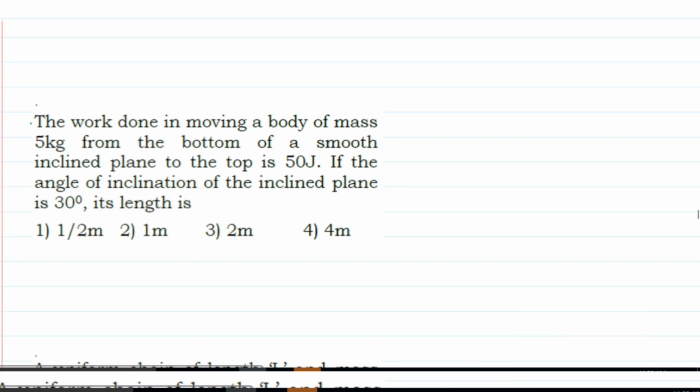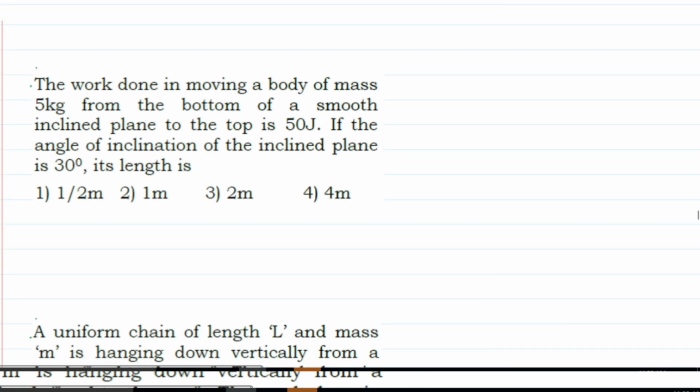The work done in moving a body of mass 5 kg from the bottom of the smooth inclined plane to the top is given as 50 joules. Here you are taking an inclined plane, and you are taking a body of 5 kg mass from the bottom of a smooth inclined plane.